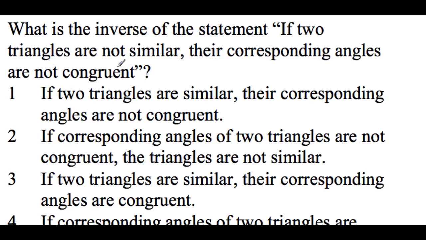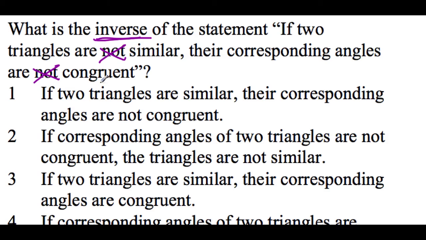The next question. What is the inverse of the statement? Inverse basically means we just have to negate the conditional statement. So if 2 triangles are not similar, the negation of not is simply taking that away. Their corresponding angles are not congruent, we just have to take that away. That means we are looking for if 2 triangles are similar, their corresponding angles are congruent.